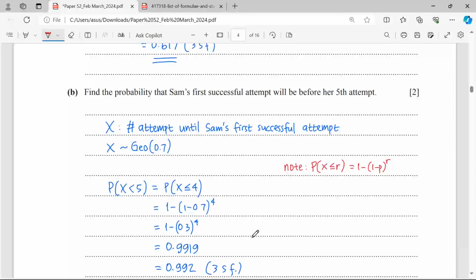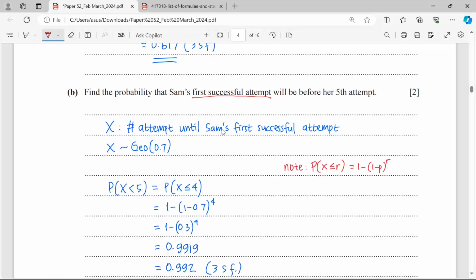Okay, for the second question, or for part B, find the probability that Sam's first successful attempt will be before her 5th attempt. So here, we define another random variable. Let's say X is the number of attempts until Sam's first successful attempt. And the keyword now is first successful attempt.